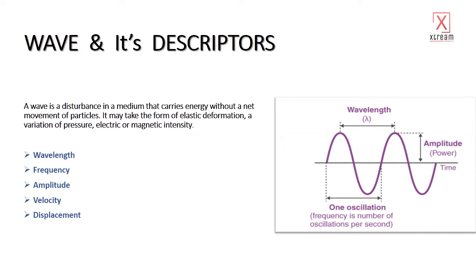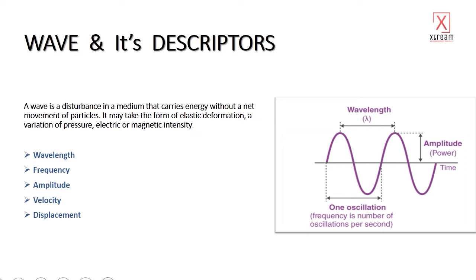A wave is a disturbance in a medium that carries energy without a net movement of particles. It may take the form of elastic deformation, or a variation of pressure, or electric or magnetic intensity. Let me show you what it means to have no net movement of particles.